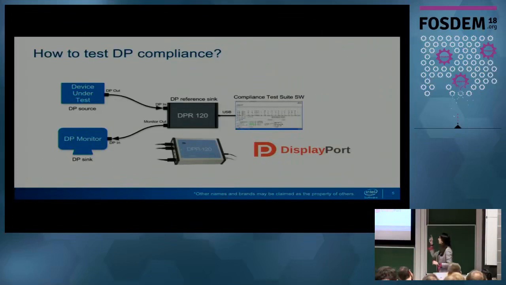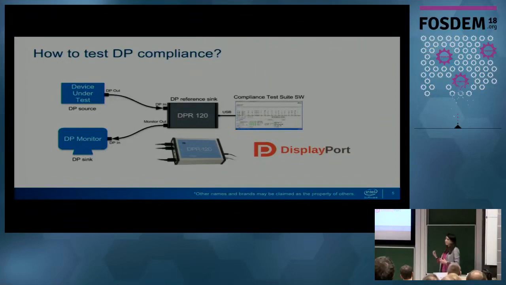You connect the device under test, the laptop, to the DisplayPort input of the DPR120. The DPR120 says, okay, display this specific data pattern at this resolution, and the laptop starts sending the data. The DPR120 taps the information on the DisplayPort cable and compares that with the reference CRC values and reference data patterns, and if it matches, then it passes the test.